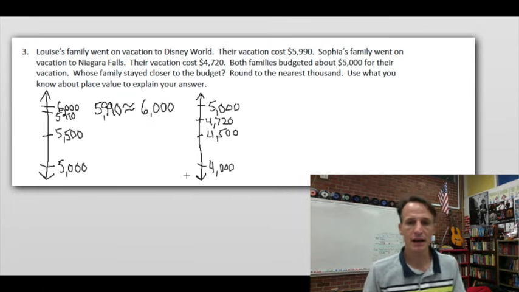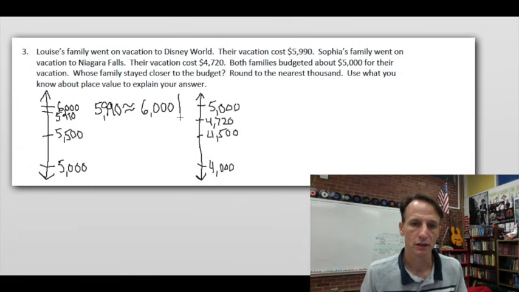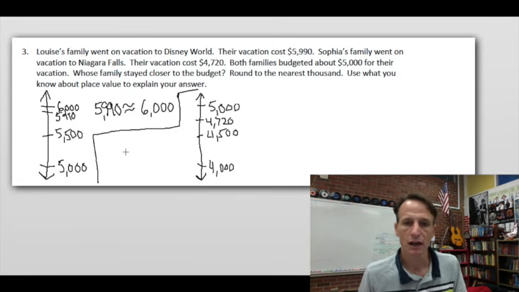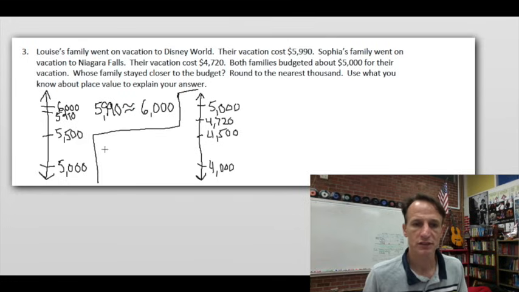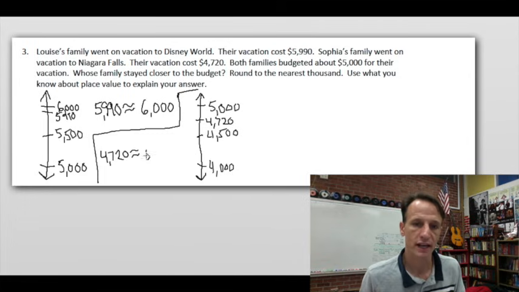So now, and I'm going to use this space over here, I'll draw a little dividing line to keep parts of my answer clear. So 4,720 is about equal to, rounds to, that's right, 5,000.